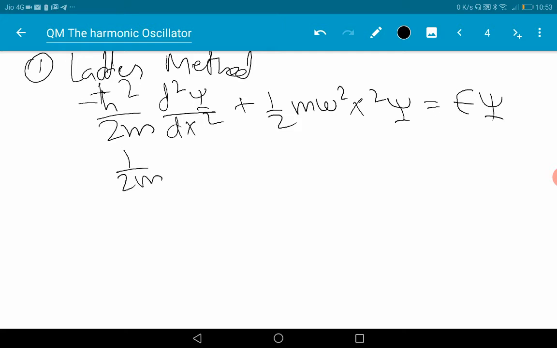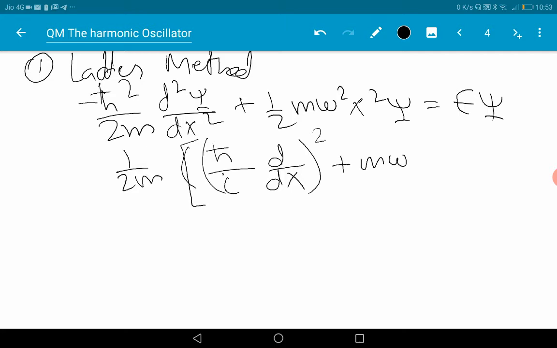As we all know, i squared is minus 1, so this will become (h cross by i d by dx) squared plus (m omega x) squared, psi equal to E psi.